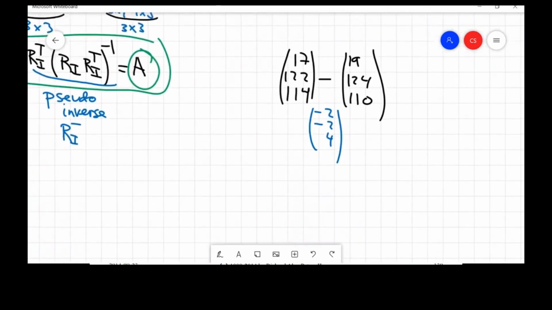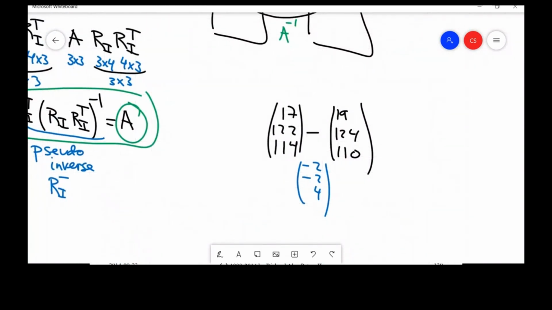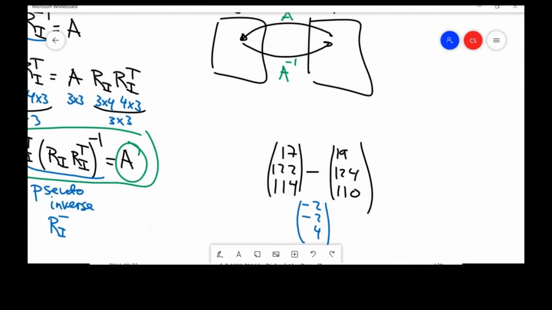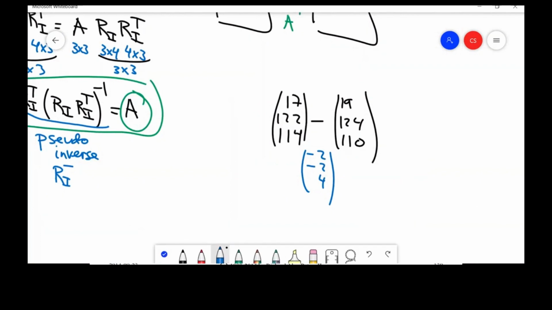If now your error is a vector, you compute the norm and you square it. Actually, this norm here is the epsilon that I plotted above.